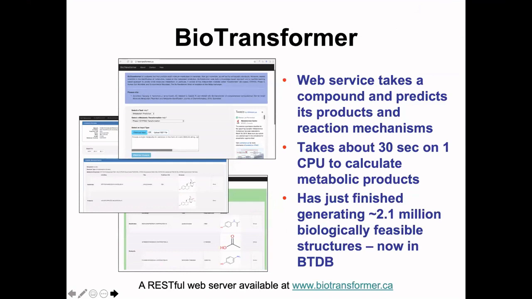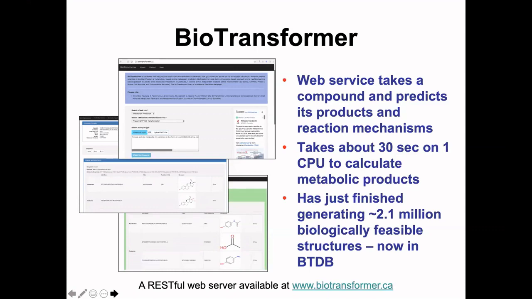We've converted biotransformer to a web service, and it allows you to predict, in a limited way, different reactions and products. Depending on how much you ask it to do, it can take anywhere from 5 to 30 seconds. We've been running biotransformer in the background for the last few months to generate, from those known compounds that we have in our databases, the unknown or dark matter.